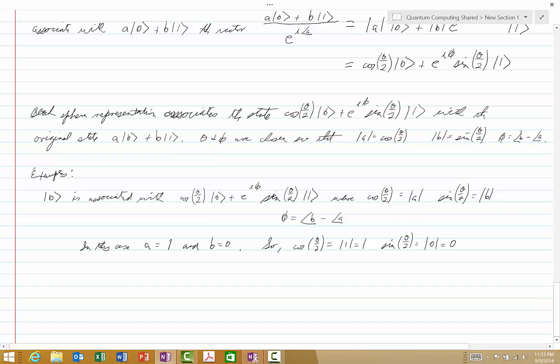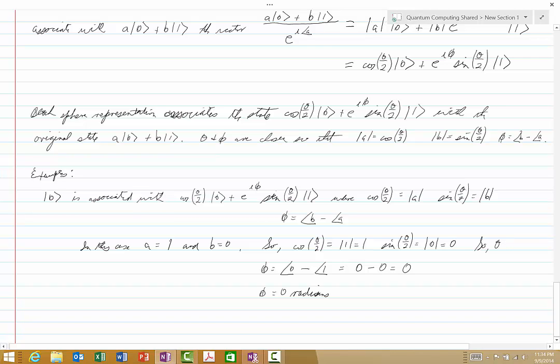And phi is equal to the phase of 0 minus the phase of 1. And the phase of 0 is simply 0 radians. The phase of 1 is 0 radians. And so this is 0 minus 0, which is 0. And so phi equals 0 radians. And what about theta? Let's come back up here to the information for theta. The cosine of theta over 2 is equal to 1.